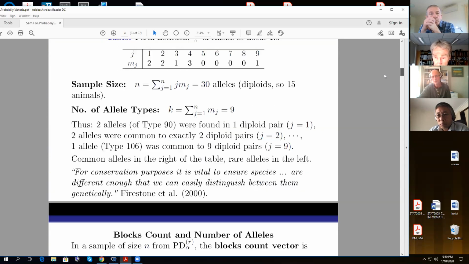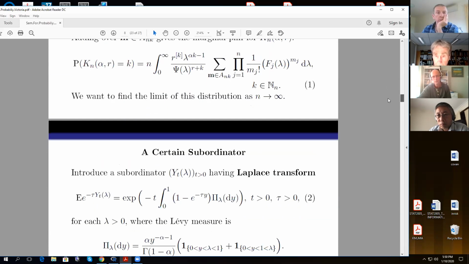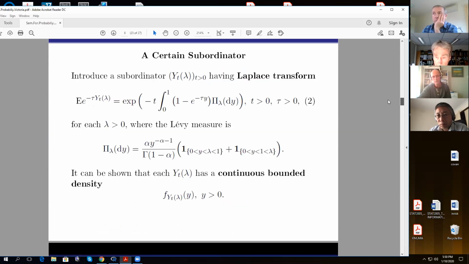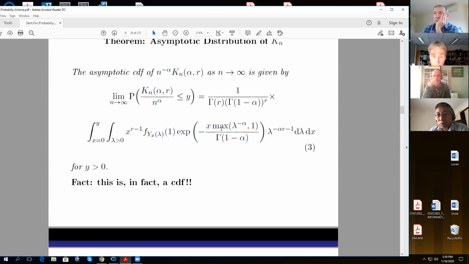So I'll just go back to number 3. So this is the answer. And, well, it's still not all that pretty, but it's not so bad. Hey, this is just an exponential. And as I say, break it up into lambda less than 1, lambda greater than 1. That's just e to the minus x. Here, there's just a power of lambda. You're integrating over lambda.